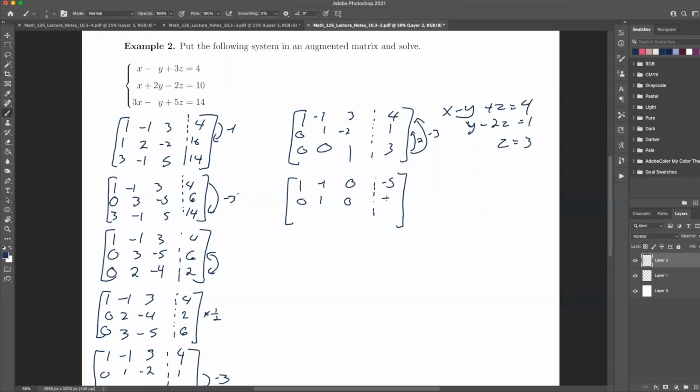And then I have 0, 0, 1, and 3. And then the last thing I want to do is get rid of this term. So I just need to add one of this row to that row. And then what am I left with? Here I'm left with 1, 0, 0, 2, 0, 1, 0, 7, 0, 0, 1.